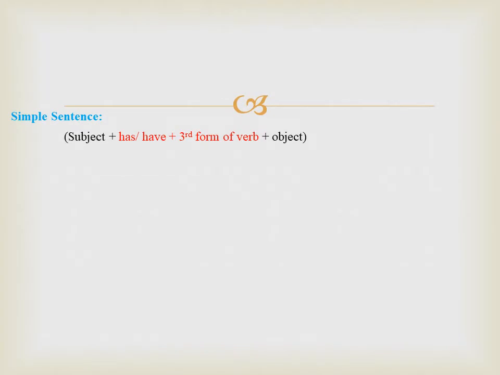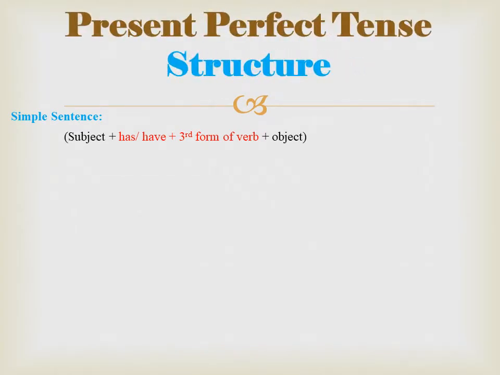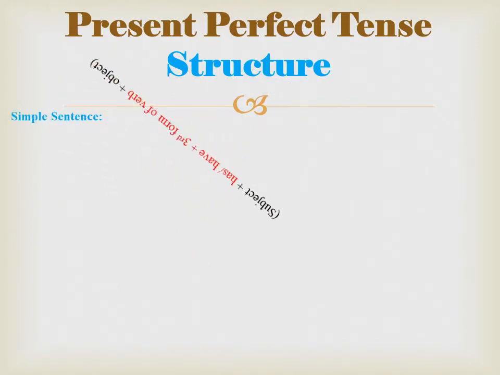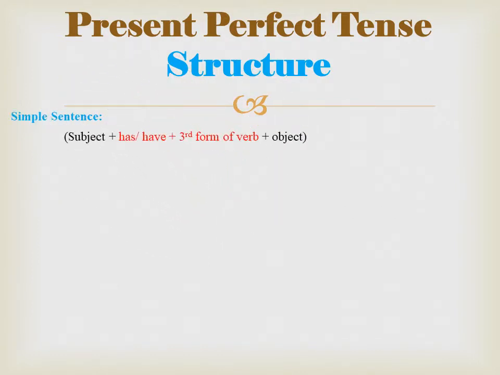So here is the structure of present perfect tense. Simple sentence: subject plus has/have, then third form of verb, and then object.